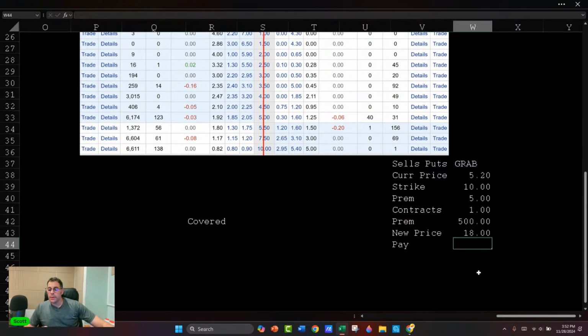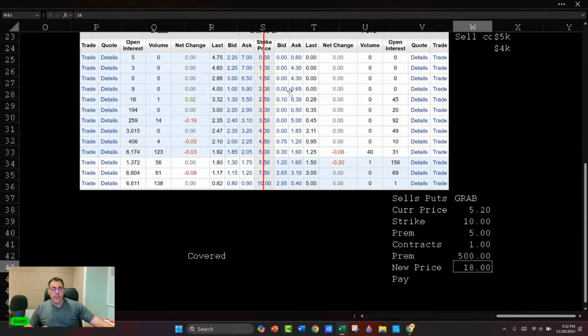Now, if the stock price goes up, well, even if you're already in the money at this point, we probably shouldn't have picked something in the money. That's why, let's pick something out of the money, because a put, let's do $4. Okay, $4.